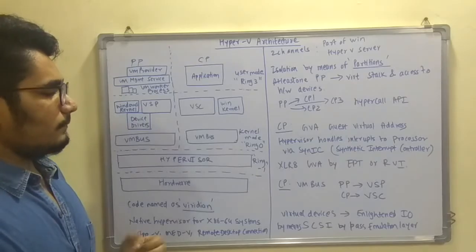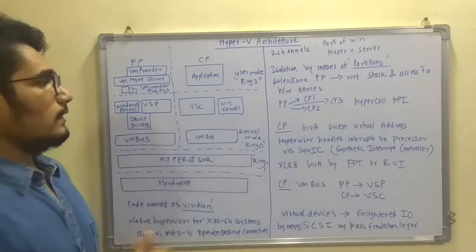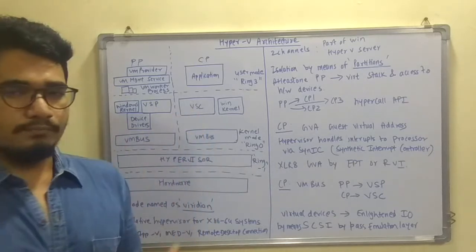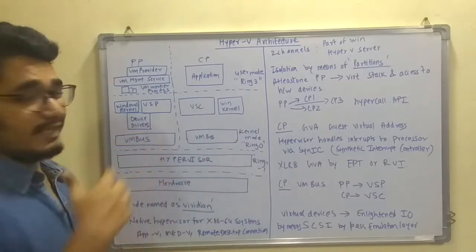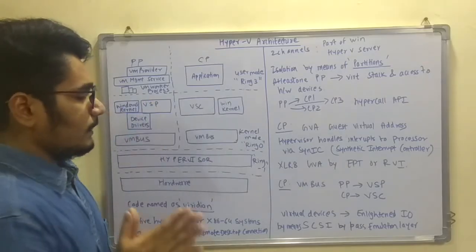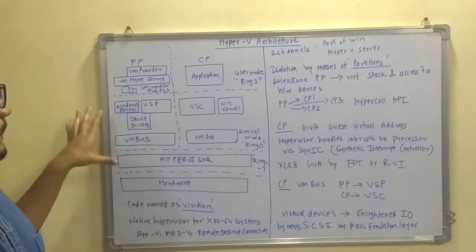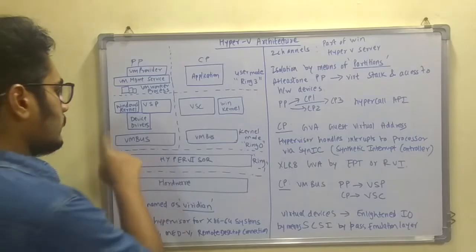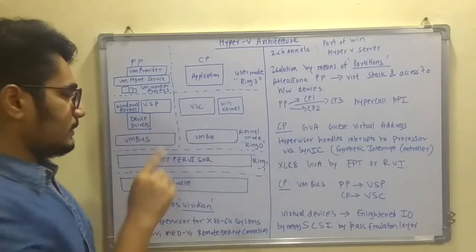Now, one main thing: how will this CP provide the request, or if it needs some kind of work to be performed, how will it access the parent partition? In the CP and also in the parent partition, you have these two kinds of buses sitting in this, that is the VM bus, the virtual machine bus.